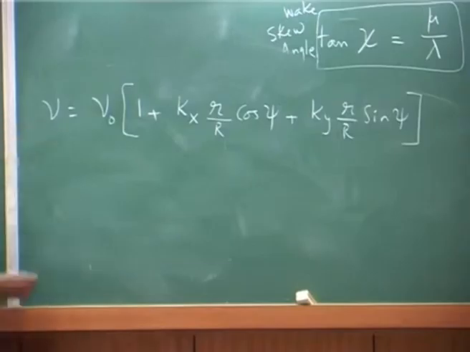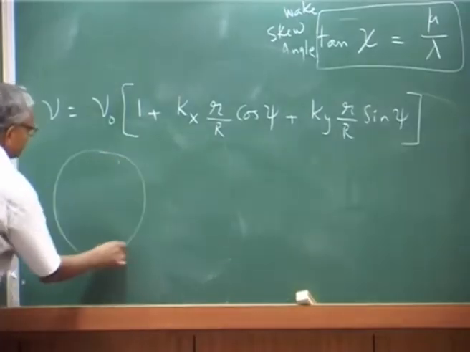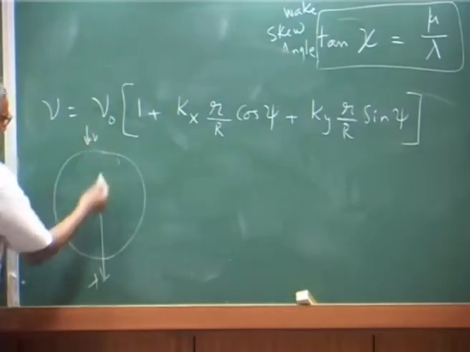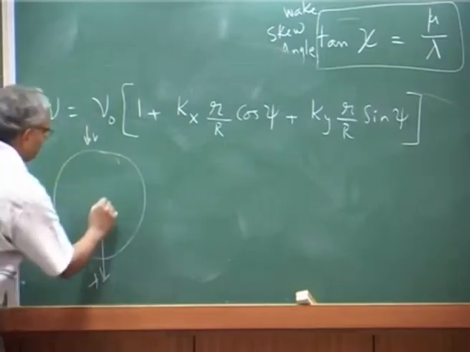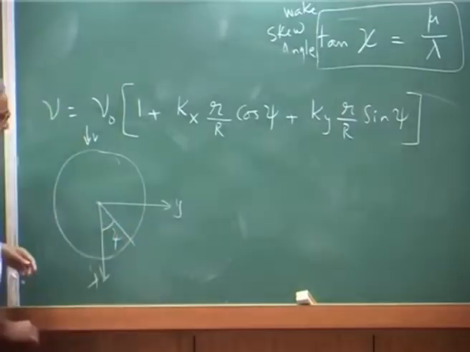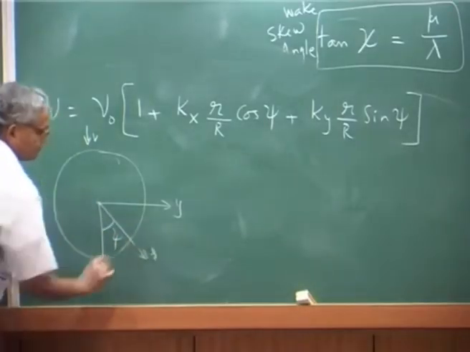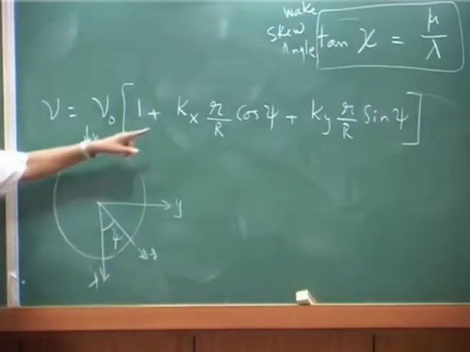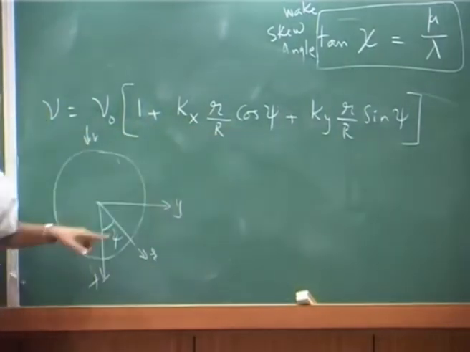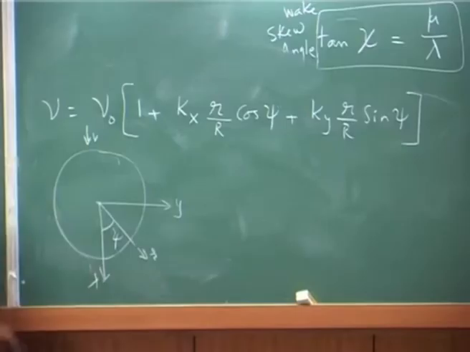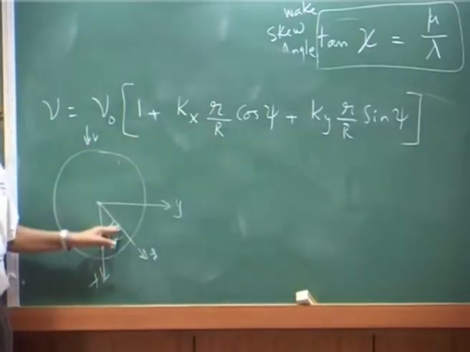Here what is this nu naught? So, this is my rotor disc and this is the direction of flight. This is the x axis, this is the y axis, this angle is psi and this is the radial. That means please understand here psi represents the azimuthal location in this disc. r over R, basically r represents the distance.